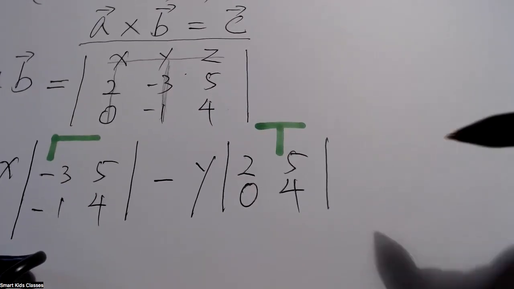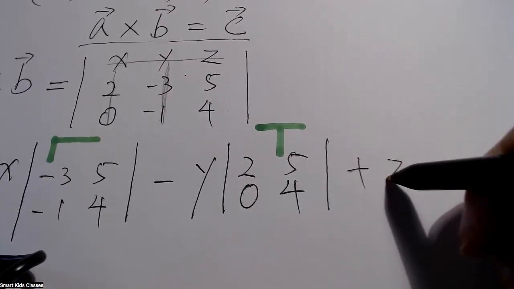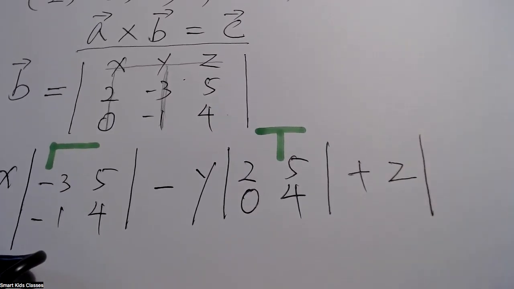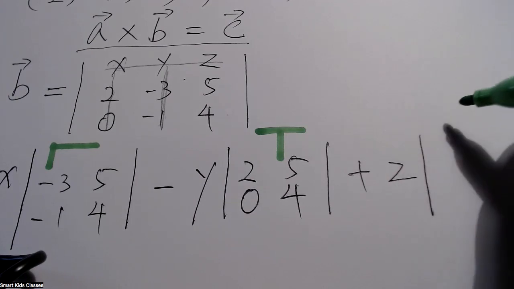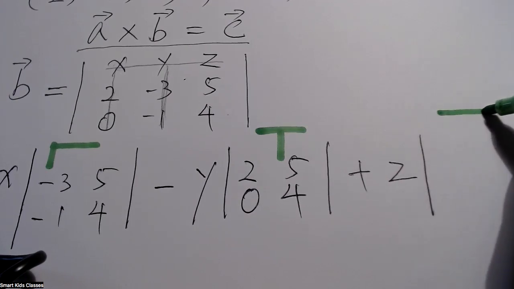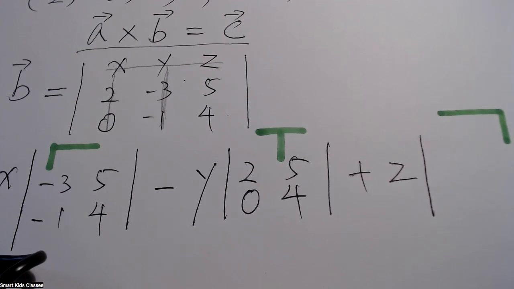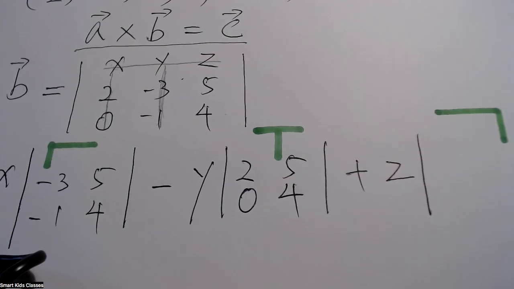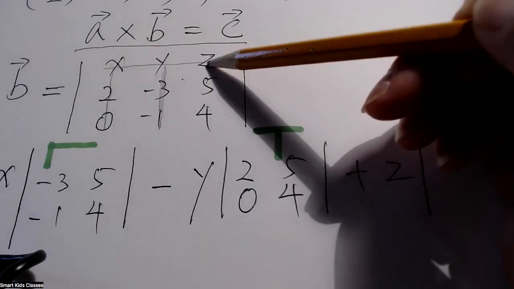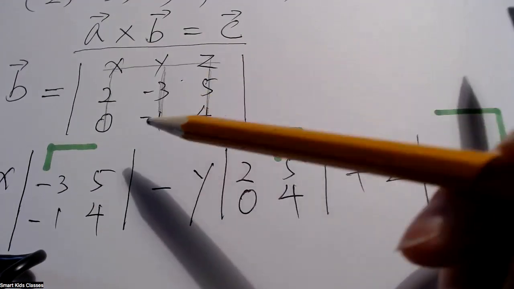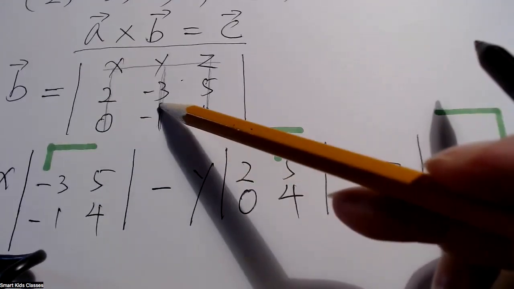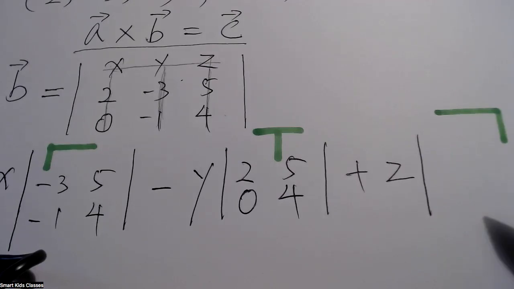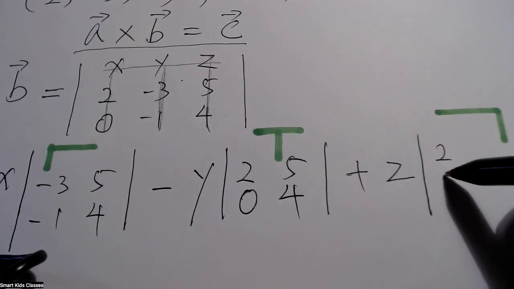Now the next one is Z. We do the shape opposite to X, cross it out vertically, and we are left with these two columns; move the numbers here directly.